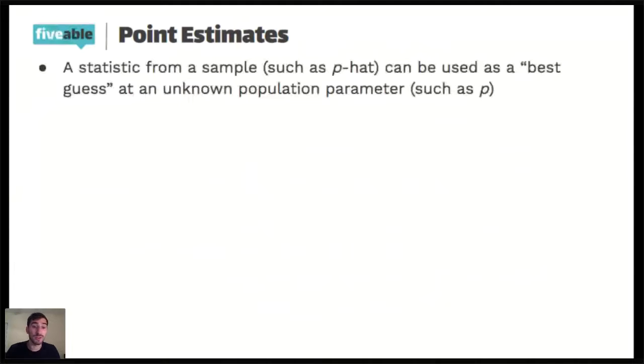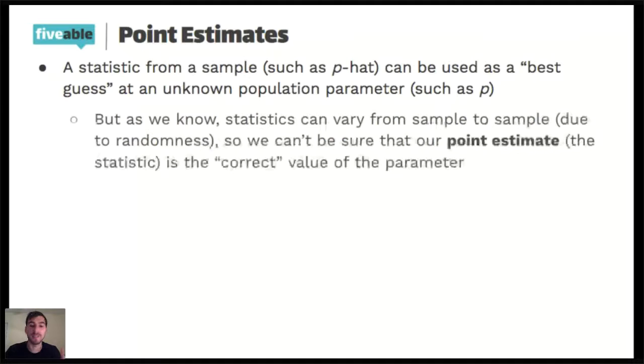If you find in your survey that 89% of teenagers say this thing, then your best guess for what all teenagers are doing is 89%. But as we know, statistics vary from sample to sample due to randomness, due to variance, due to potential sources of bias, which hopefully we don't have in our sample. And so we really can't be sure that the point estimate is the correct value of the parameter.